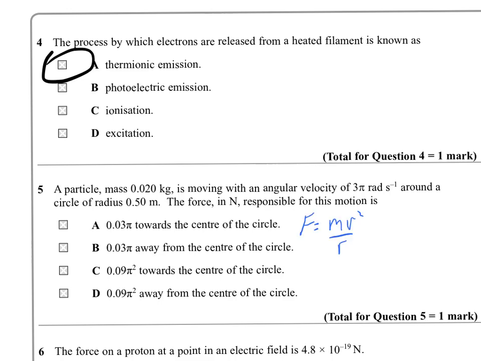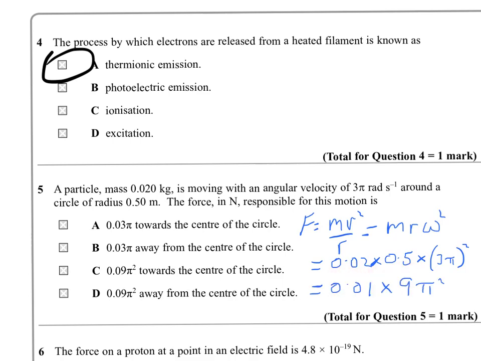So we remember that F is mv squared over r, but we've got an angular velocity for this one, so it's also equal to m r omega squared. So 0.02 times 0.5 times 3 pi all squared. So these two, a half of 0.02 gives us 0.01. So that gives us 0.01 times 9 pi squared.